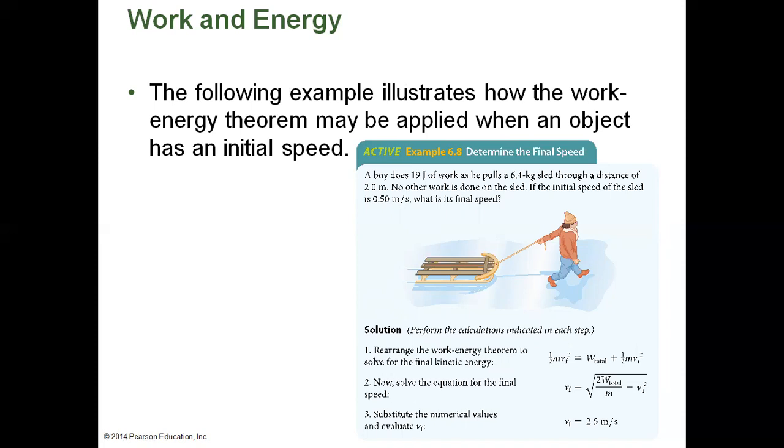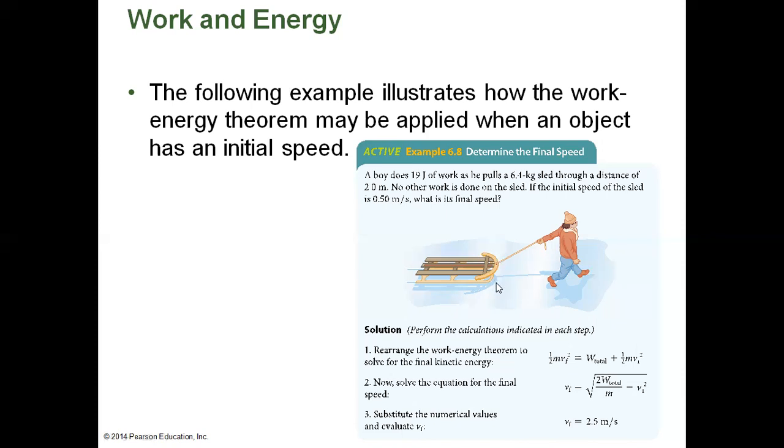A boy does 19 joules of work as he pulls a 6.4 kg sled through a distance of 2 meters. No other work is done on the sled. If the initial speed of the sled is 0.5 meters per second, what is its final speed?